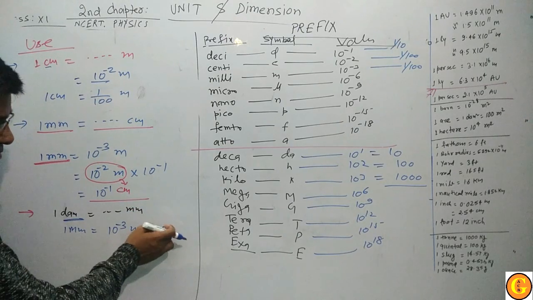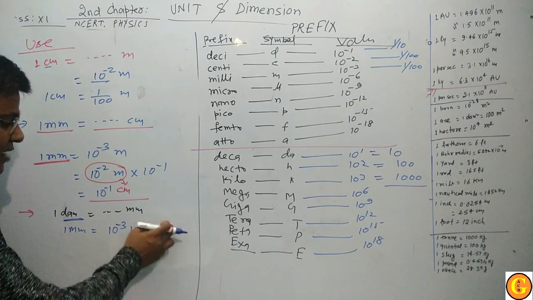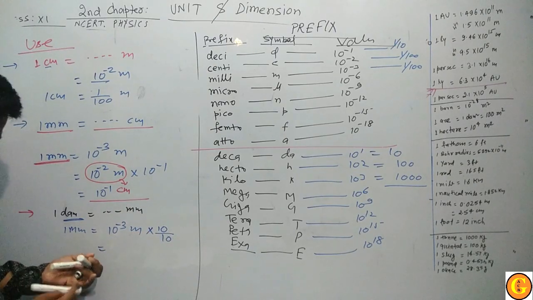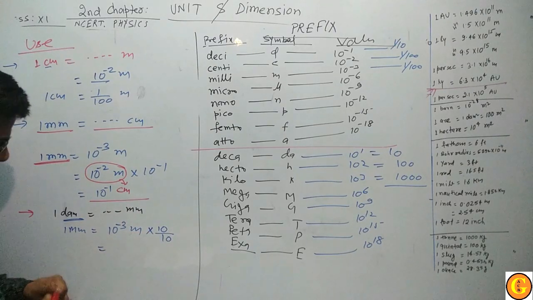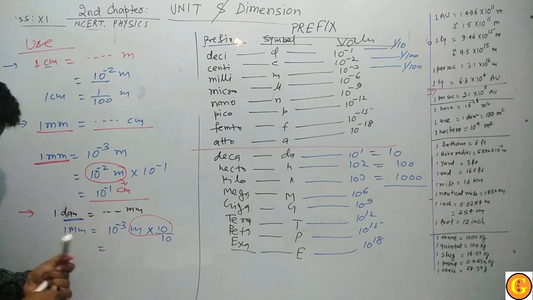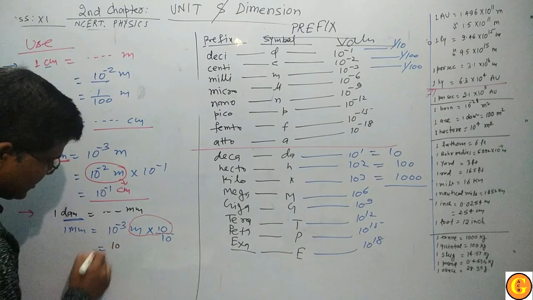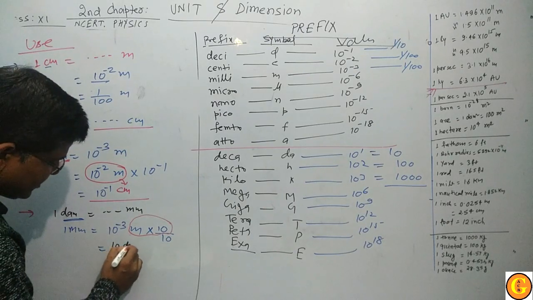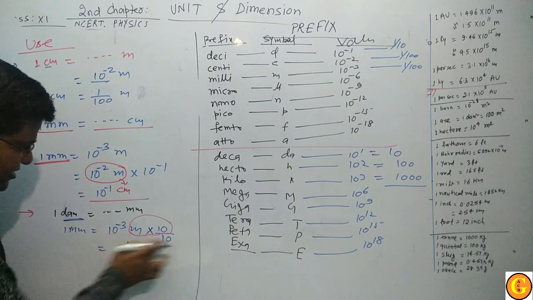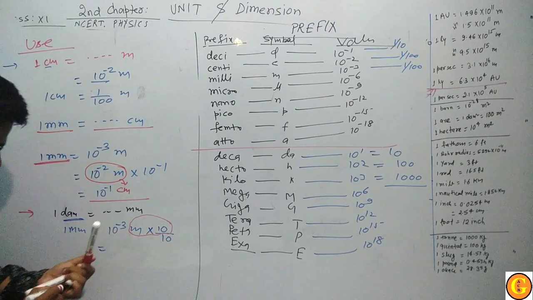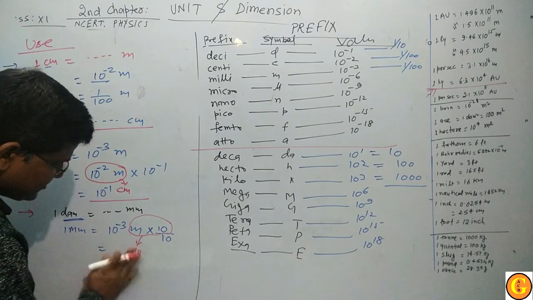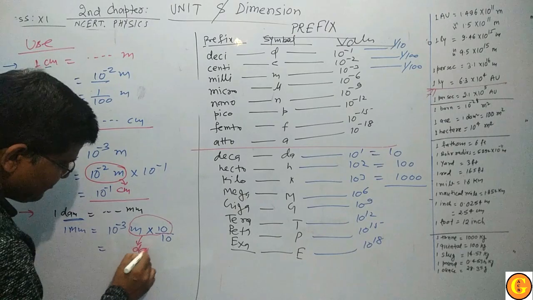Deca means 10, so multiply and divide by 10, and 10 meter is a decameter.